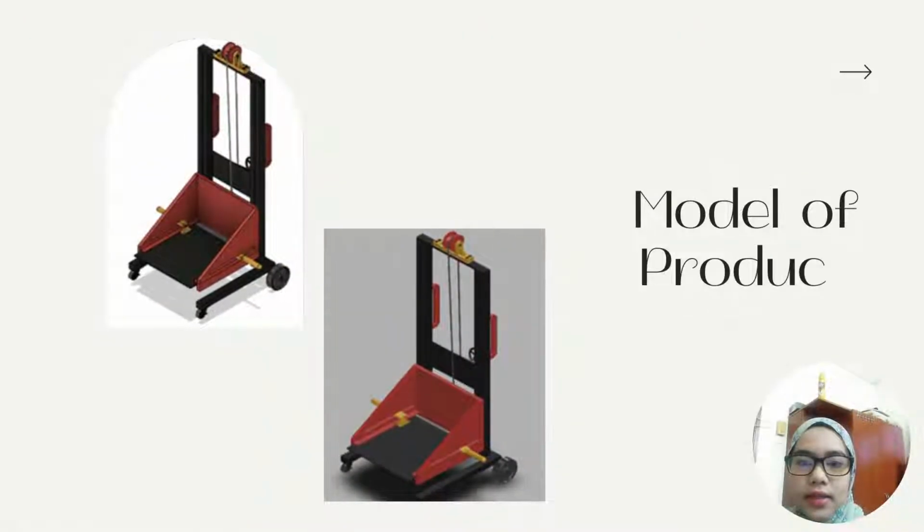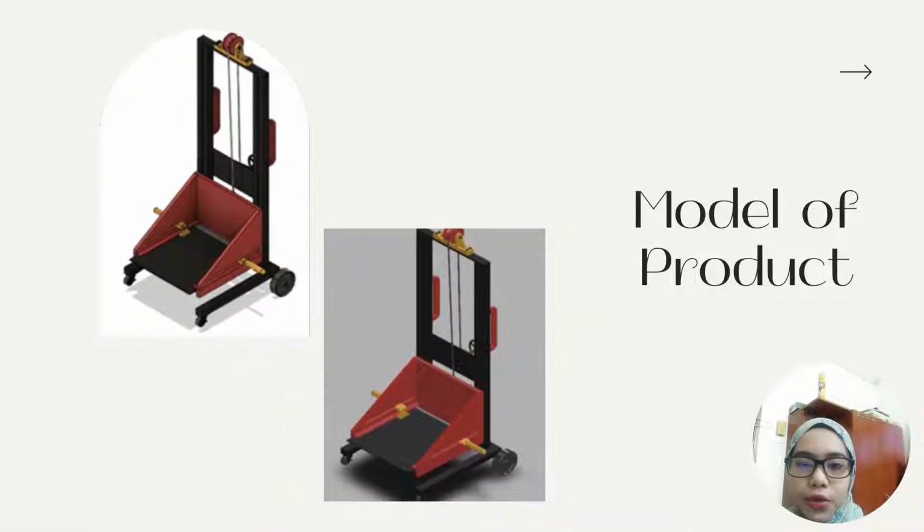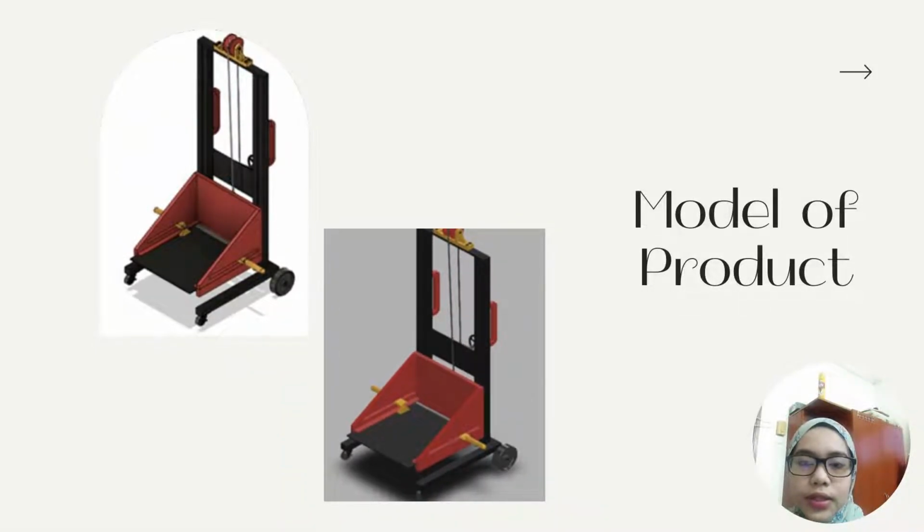Okay, next is model of product. This product consists of a chassis, tire system, worm gear and pulley system, and also a roller system with bearing. For the design color, we use black, red, and yellow for our sticker.